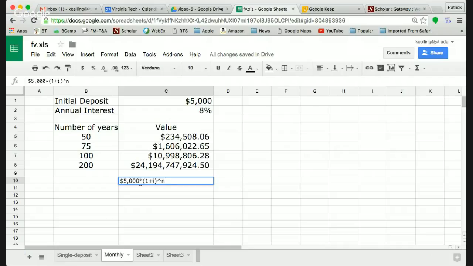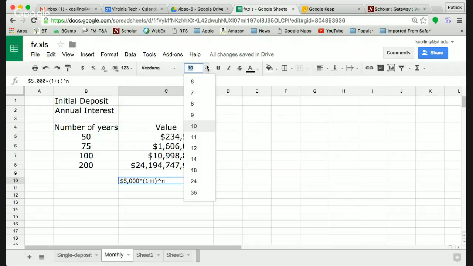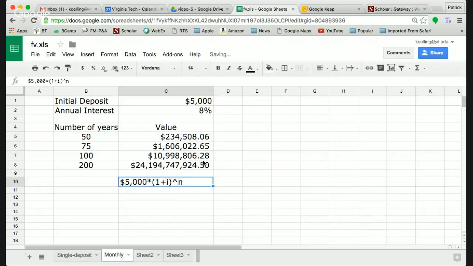Well, it turns out 1 plus i to the n is a very special formula.